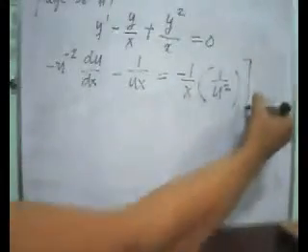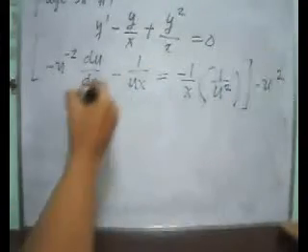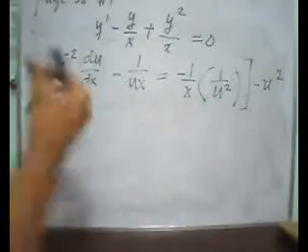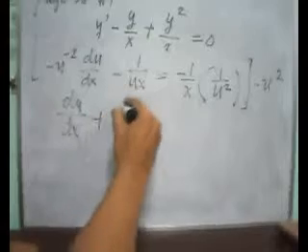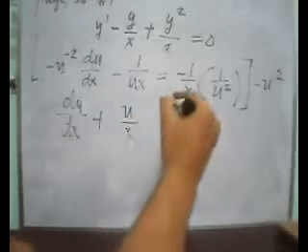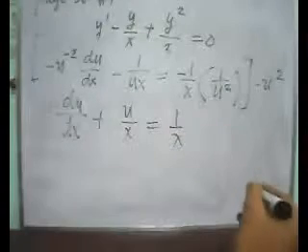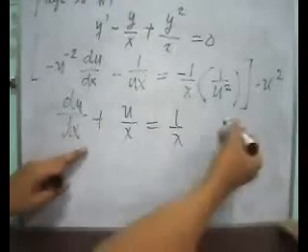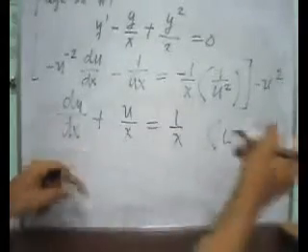So we multiply both sides with negative u squared, and then we get du dx plus u over x equals 1 over x. Now this is now a linear differential equation.